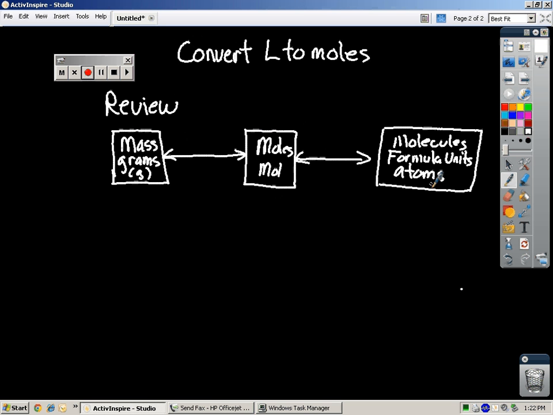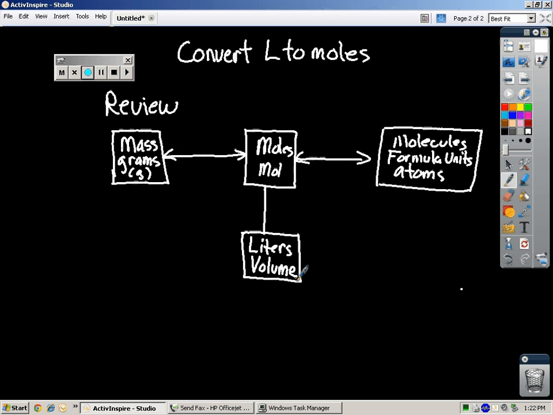All right, so now we are going to do our third conversion, our third way we can convert things from moles to something. The one we haven't learned yet, and that's converting moles to liters. So we are going to convert things to liters now.